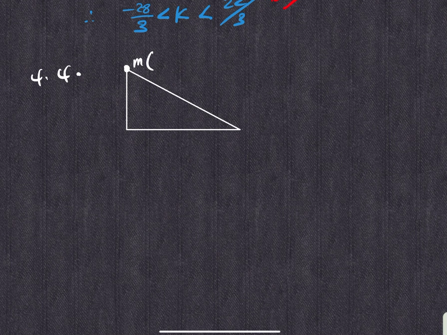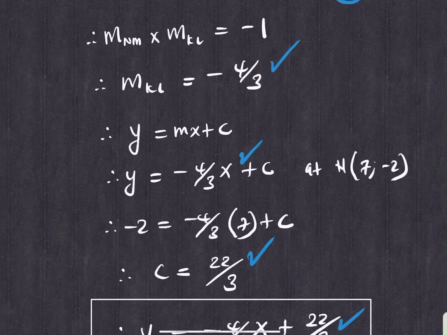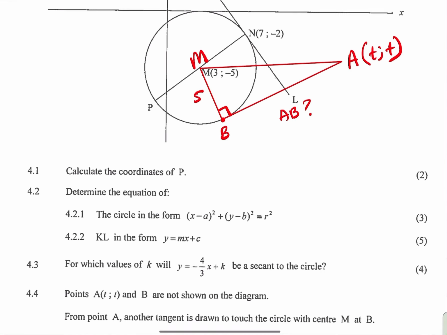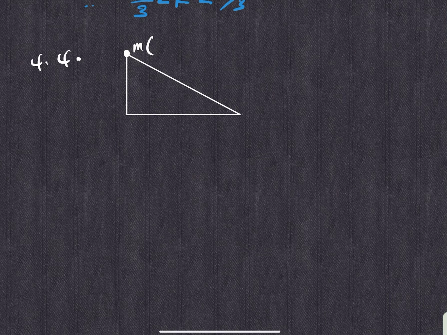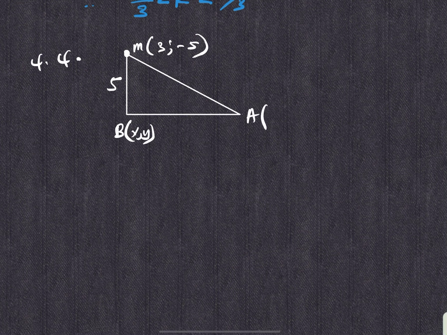What is the center? I forgot the center. It is 3 and negative 5. So this is 3 and negative 5. And then the point B is even useless, that is XY, because you have the radius there, you won't even use it. So this is the point A. The point A is T and T.